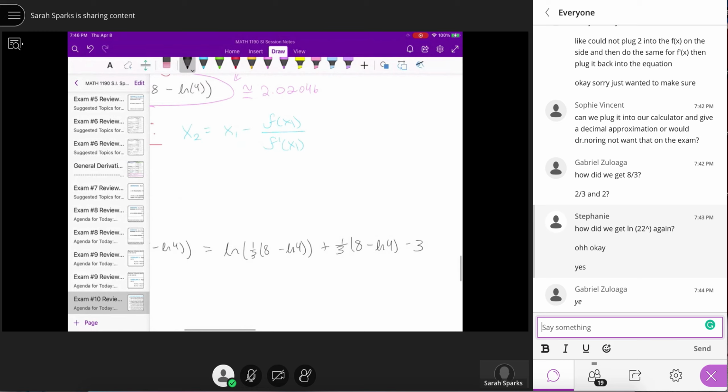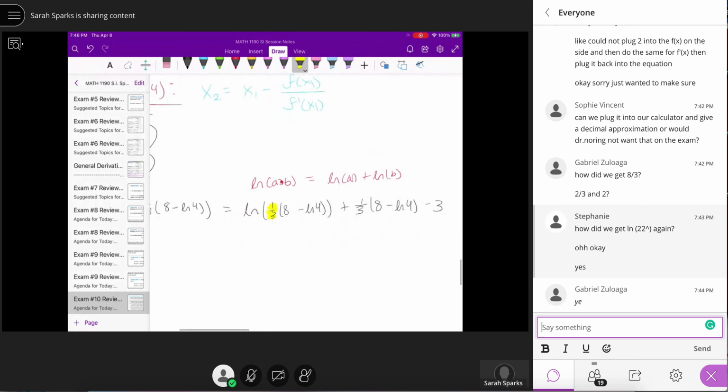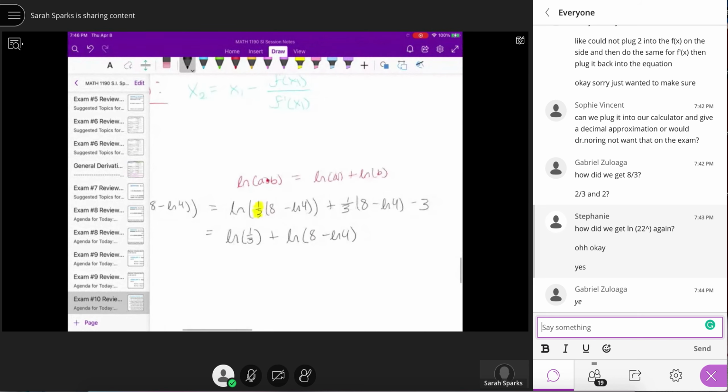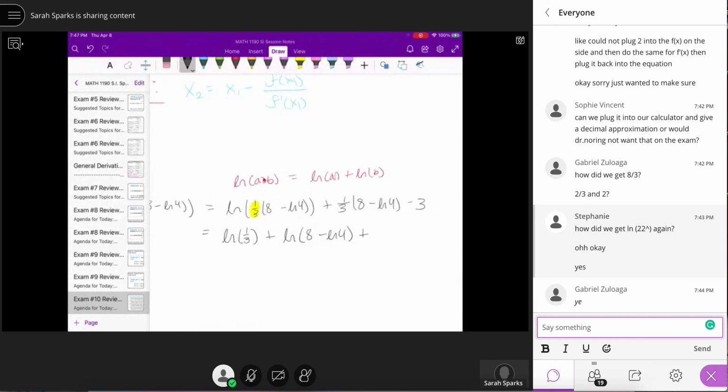We have another log property: ln of A times B is equal to ln of A plus ln of B. And you see that 1/3 is being multiplied by that 8 minus natural log of 4. So I'm going to rewrite that as natural log of 1/3 plus natural log of 8 minus natural log of 4, plus, I'm going to distribute that 1/3.